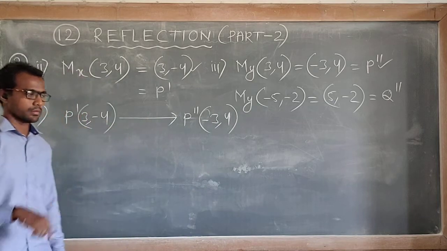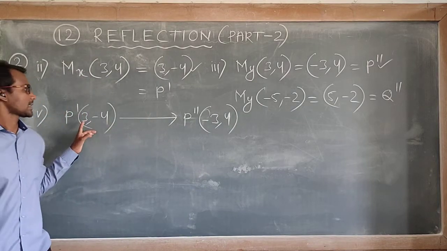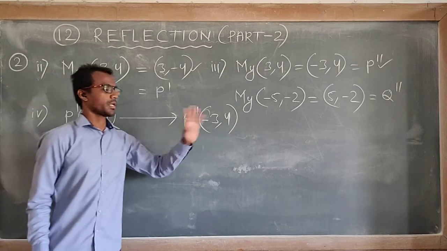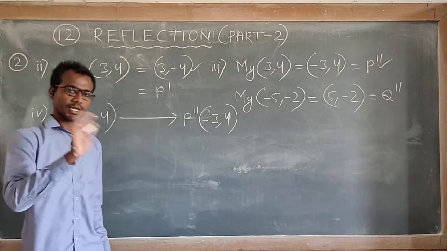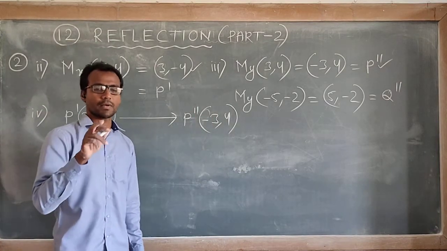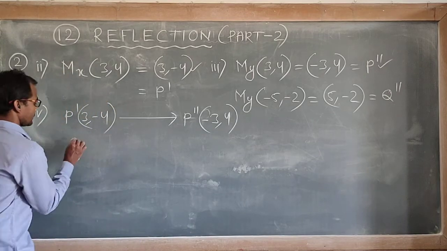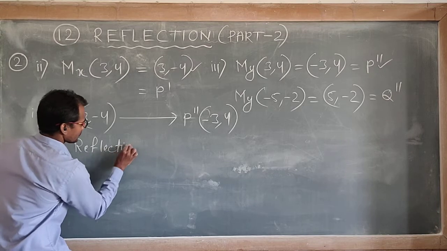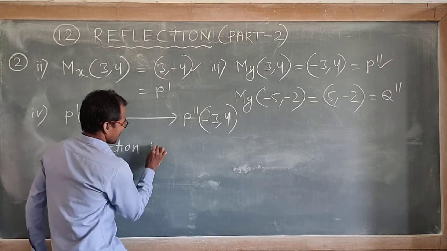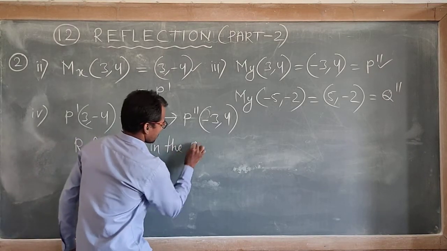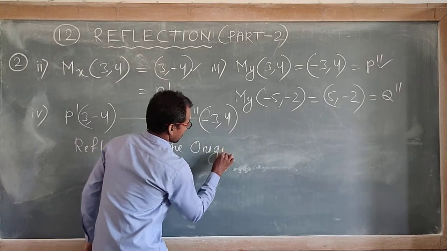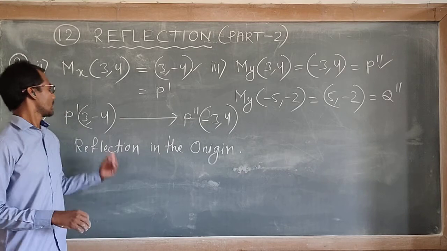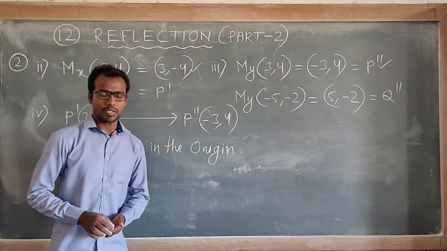Now observe the coordinates. 3 has become -3, the x coordinate changed. -4 has become +4, means the y coordinate also changed. So both x and y coordinates have changed, means it is reflection in the origin. Reflection in the origin. This is the single transformation which will map P' directly onto P double dash.